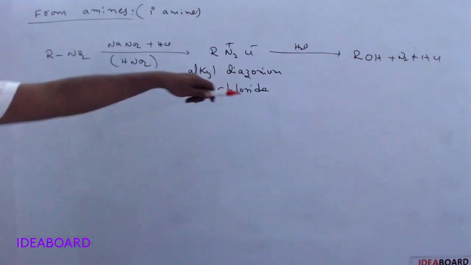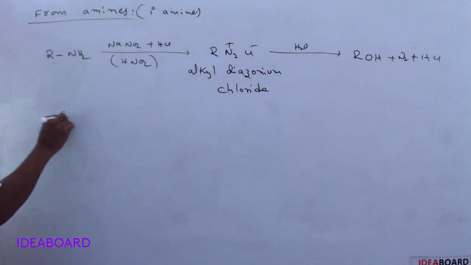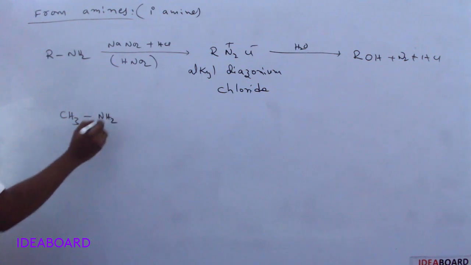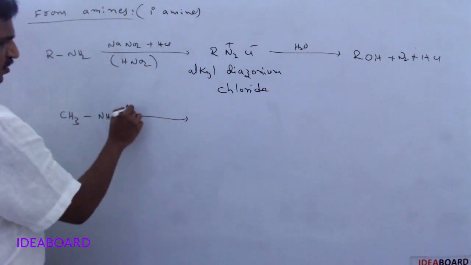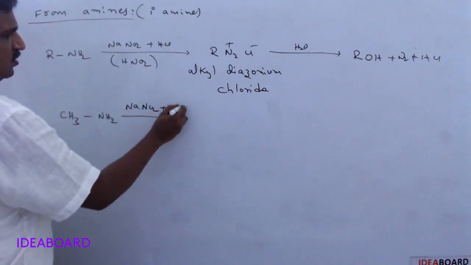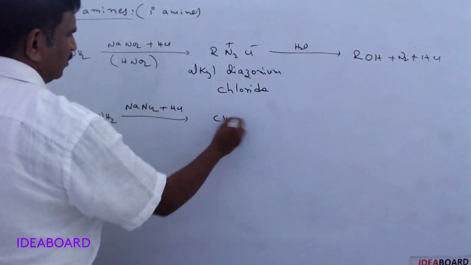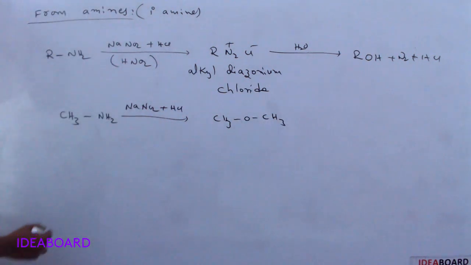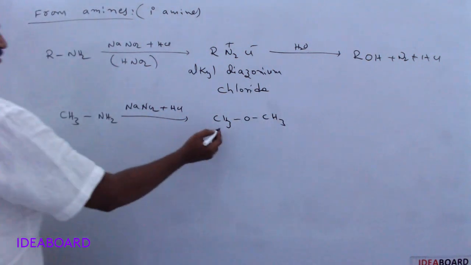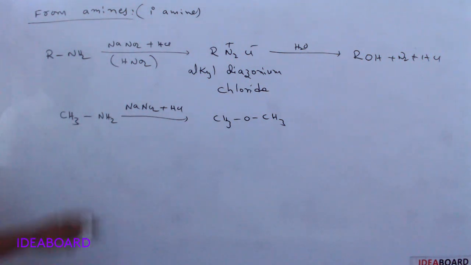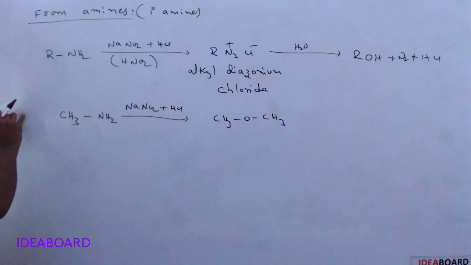Okay, that is alcohol formation, but particularly please remember it is an exception case. CH3NH2 if you are taking in the presence of NaNO2 and HCl, it is forming main product as ether. So here one methyl group, here two methyl groups, vice versa, that is not a balanced equation. So it is an exception case.